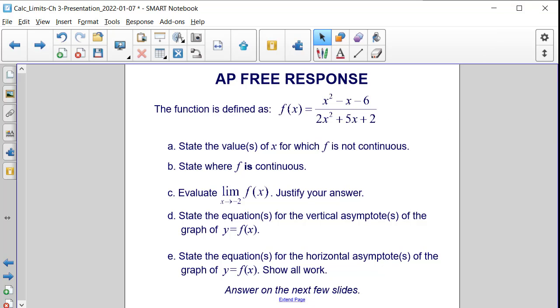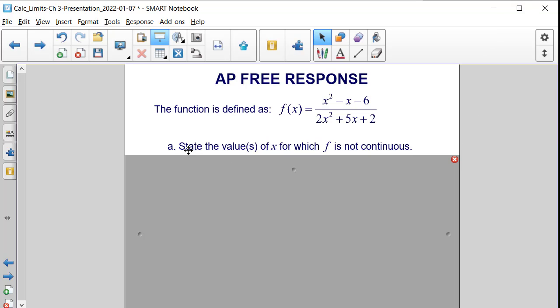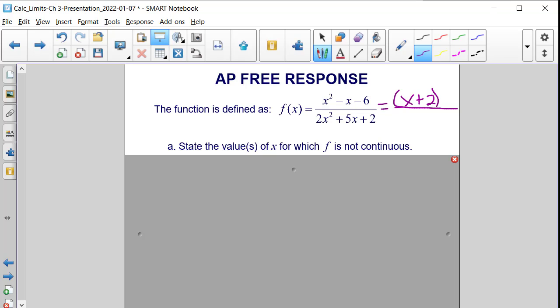Let's get started. To answer our first question, state the values of x for which f is not continuous, we have to first factor, especially the denominator, but why don't we just do both? X squared minus x minus 6 factors to be x plus 2 times x minus 3.